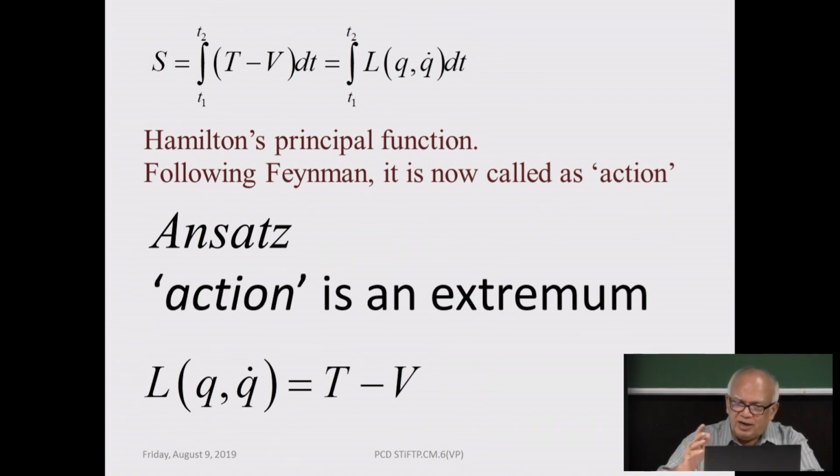So you evaluate the integral from t1 to t2 of the Lagrangian, and the Lagrangian that you make use of is T minus V. In earlier times it used to be called Hamilton's principal function, but after Feynman's formulation, it is now called action. So action is this integral of the Lagrangian over a time interval. It is a definite integral from time t1 to t2.